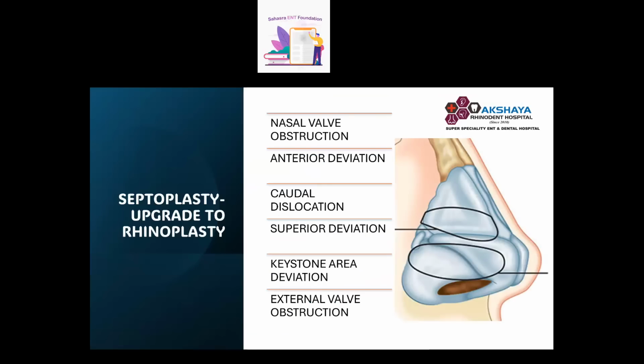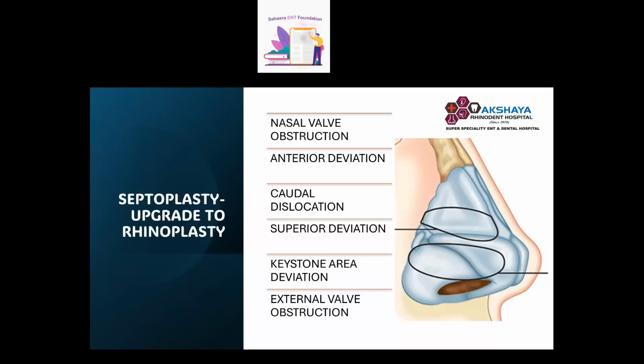Most of the time, as an ENT surgeon, you do septoplasty as a routine, and that is a basic procedure. When you are a resident or doing routine work, one or two cases will be there in the OT list. So you have to upgrade to rhinoplasty when there is an internal or external nasal valve obstruction, or an anterior deviation, that is a caudal dislocation or superior deviation, keystone area deviation.